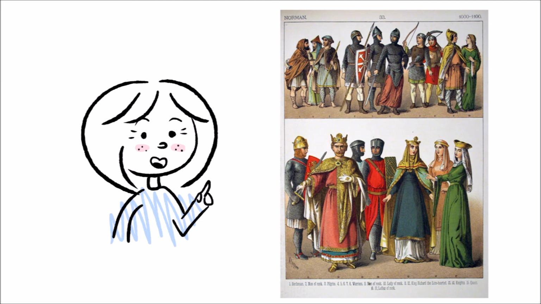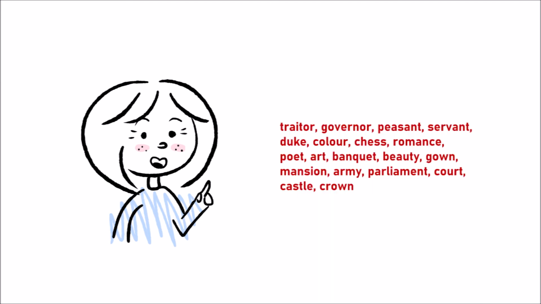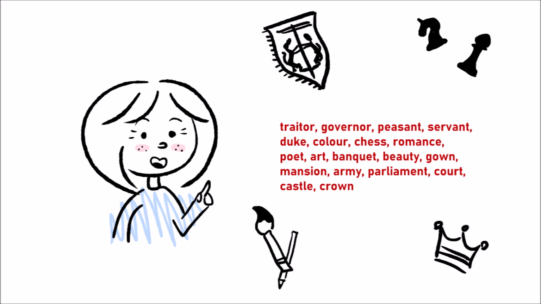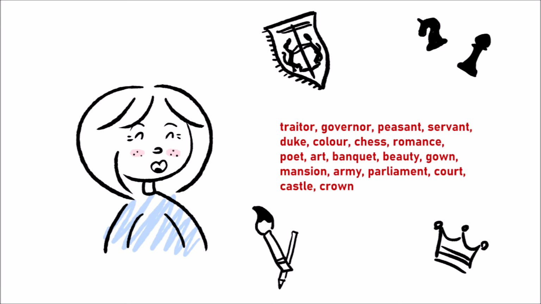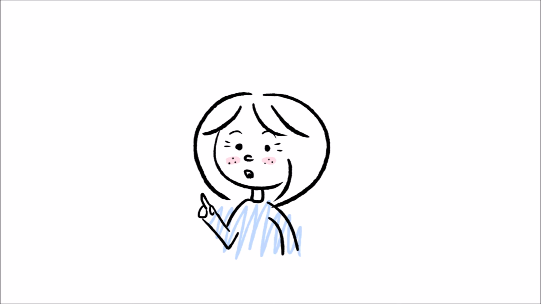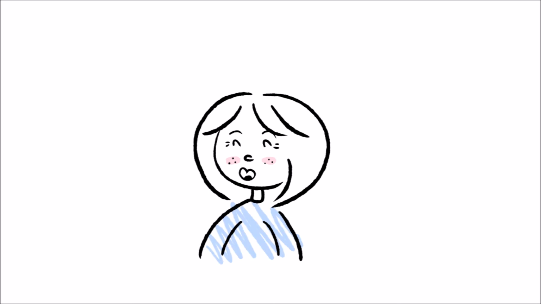Evidence for this can be found in thousands of words adapted to the English language, such as traitor, governor, peasant, servant, duke, color, chess, romance, poet, art, banquet, beauty, gown, mansion, army, parliament, court, castle, and crown. These are a lot of political, but also artistic and romantic words. Sounds just like stereotypical France as we know it.